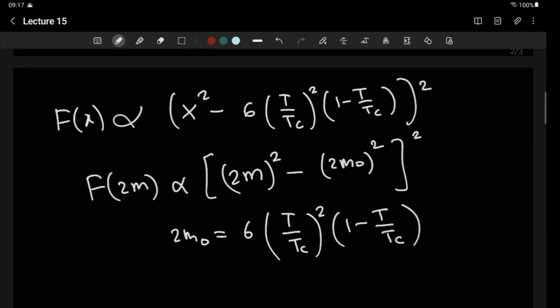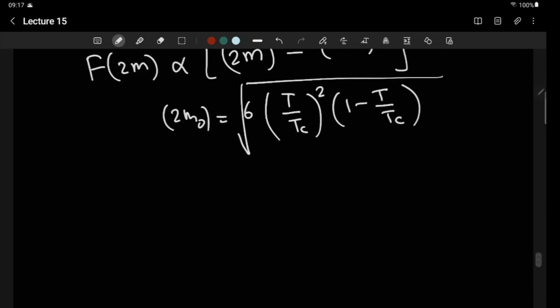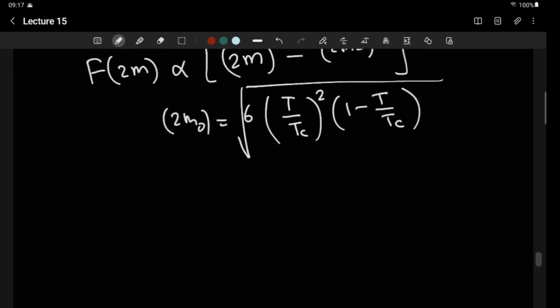The reason to do this is, now that we have everything set here, let us plot f of 2m, this function.